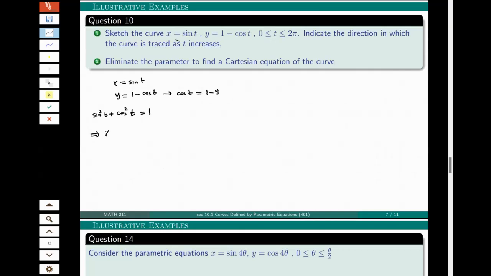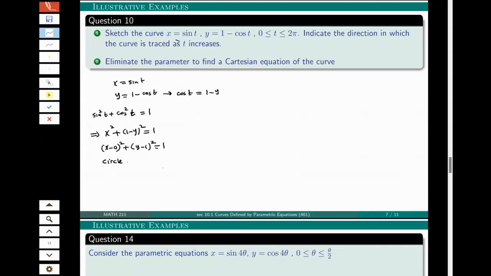And sine is equivalent to x, so it will be x squared, and cosine is equivalent to 1 minus y, squared, and that should be 1. That is equivalent to say x minus 0 all squared plus y minus 1 all squared is equal to 1.